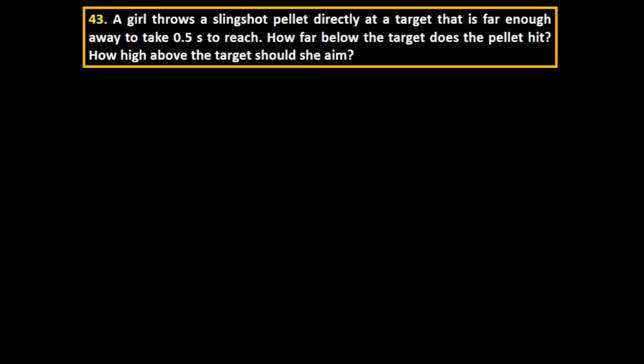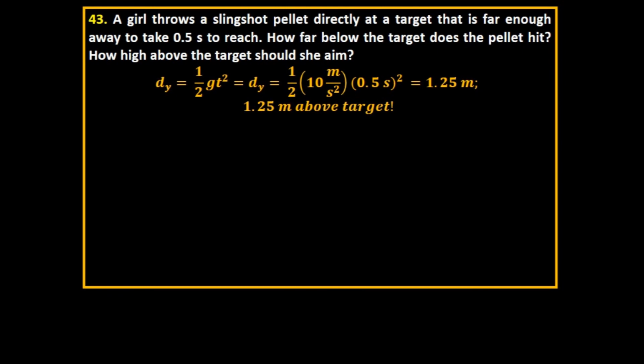A girl throws a slingshot pellet directly at a target that is far enough away to take 0.5 seconds to reach. How far below the target does the pellet hit? How high above the target should she aim? So it's going to fall. The target is far enough away to take 0.5 seconds to reach.